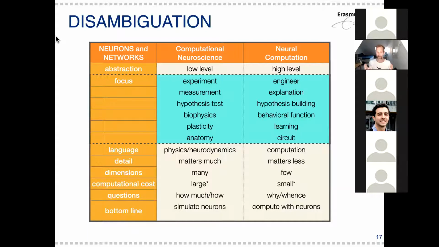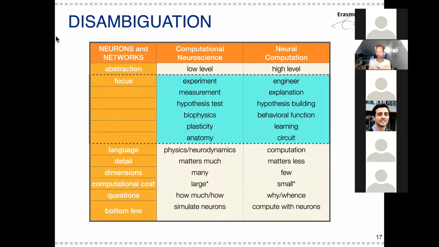All of them are looking into the brain. All of them will say, we're trying to explain the brain. All of them will say it's important to understand how neurons work, although to different degrees. The computational neuroscientist will think that the level of modeling needed is higher, so the resolution is higher.